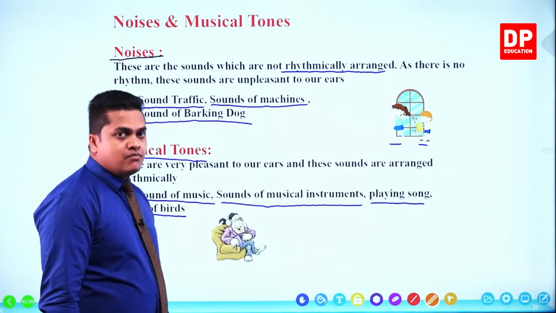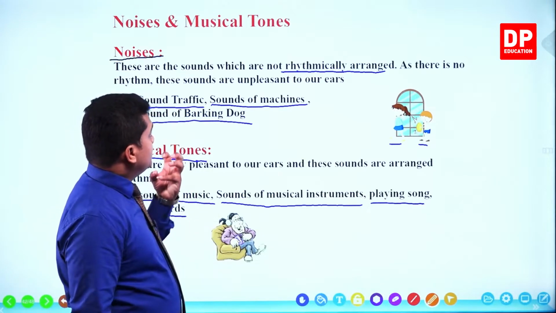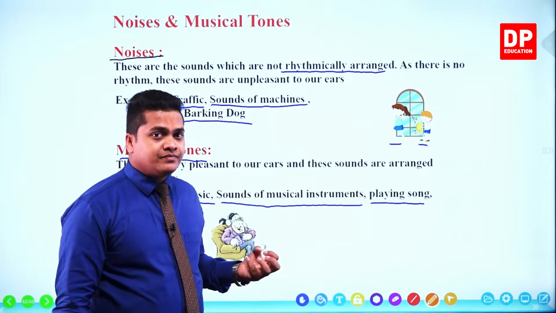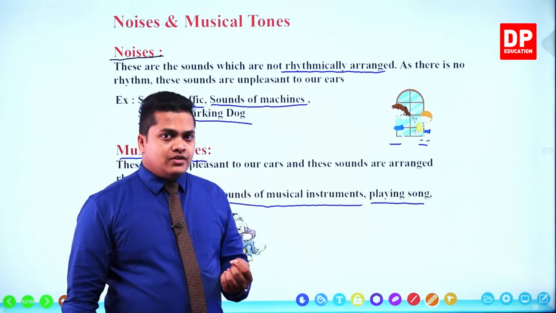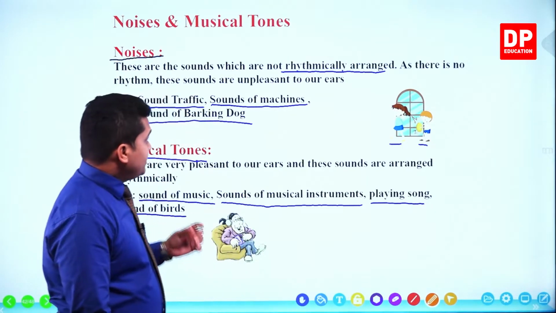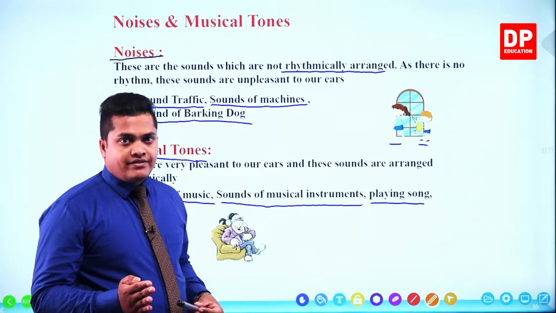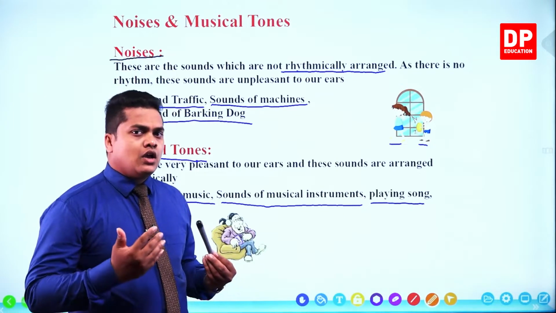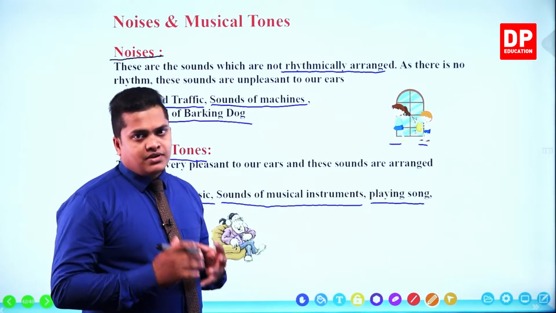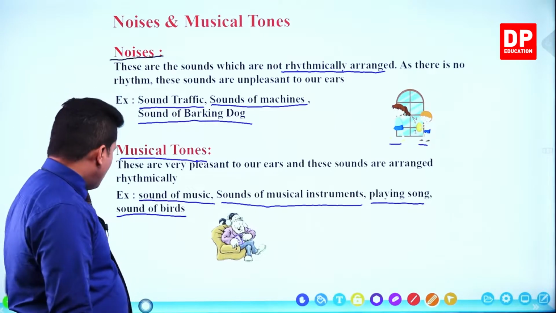So always remember the 2 points: musical tones or music are rhythmically arranged, and these sounds are pleasant to our ears. If you take noises, noises are not rhythmically arranged, so those sounds are quite difficult to hear and are unpleasant to our ears, right? So we'll move on to the next one.